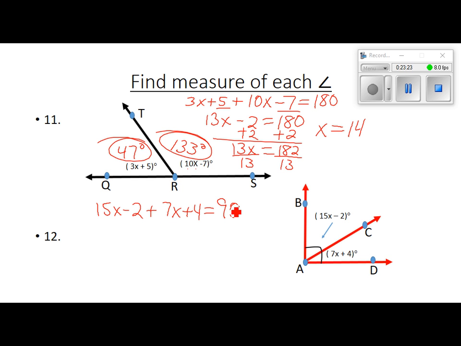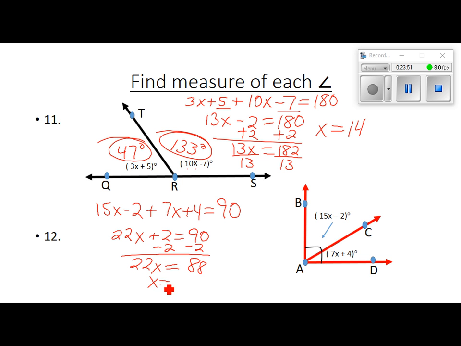Make sure you have an equal sign before you start collecting like terms, otherwise you get confused. 22x, a -2 and a +4 gives us +2. That's 90 minus 2, 88 equals 22x.